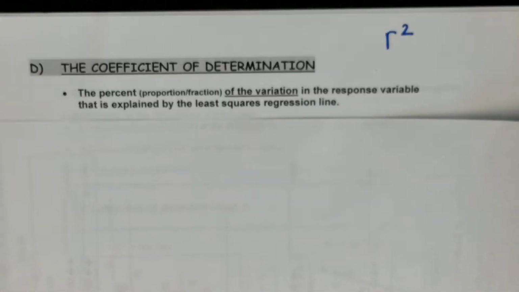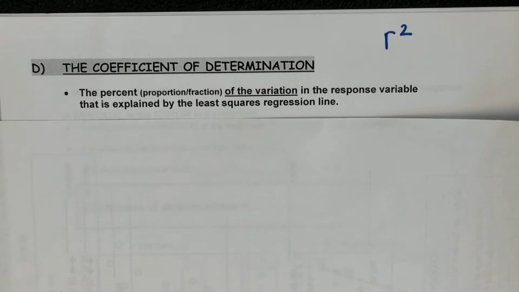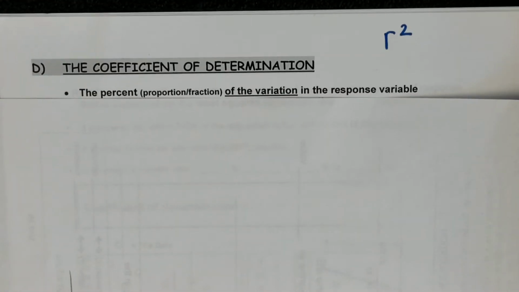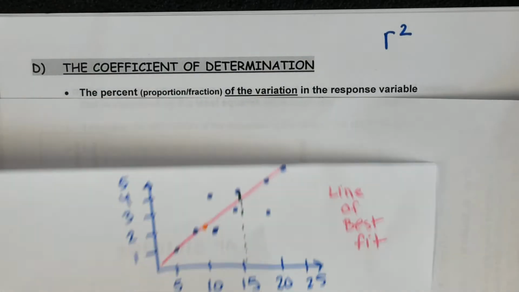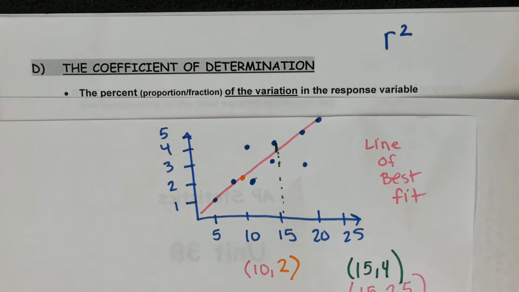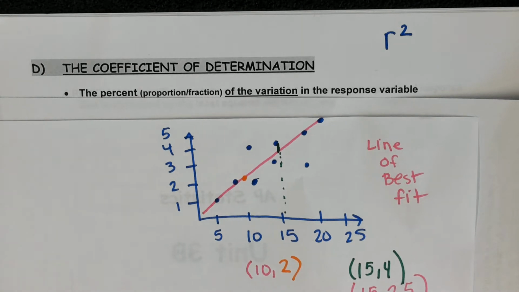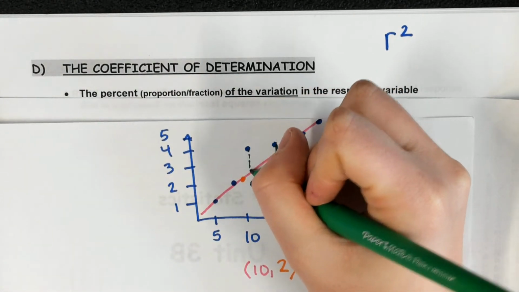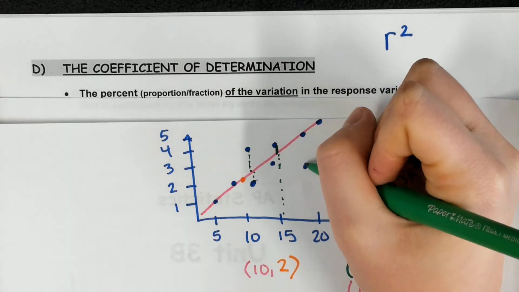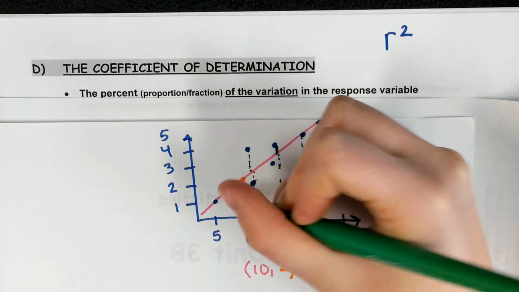So this is kind of the golden sentence. What is the coefficient of determination? Well, it is the percent of the variation in the response variable. Let's just stop there and go back to this picture right here. Remember, there is going to be a lot of variation in our y's. You see how none of these are perfectly lined up?